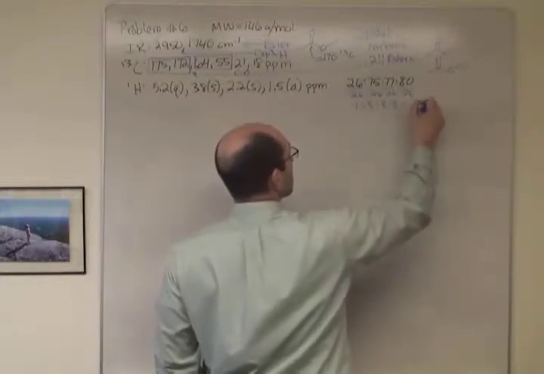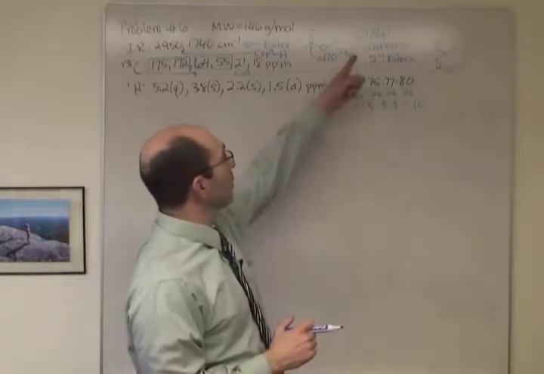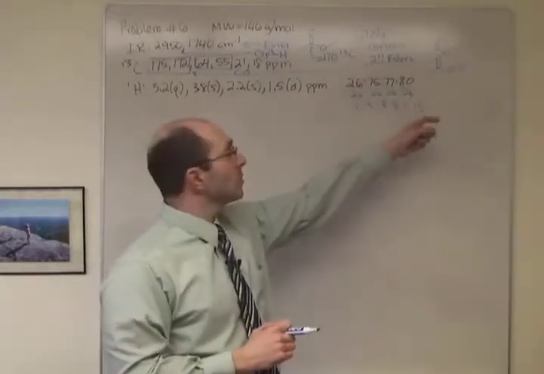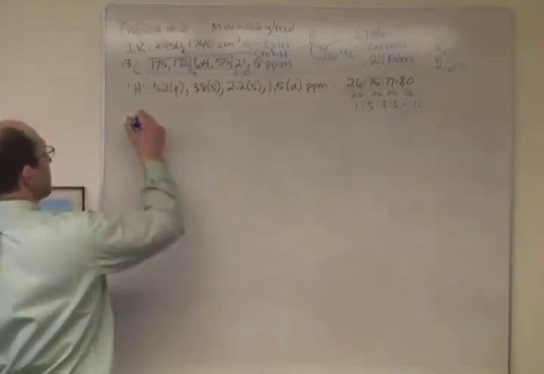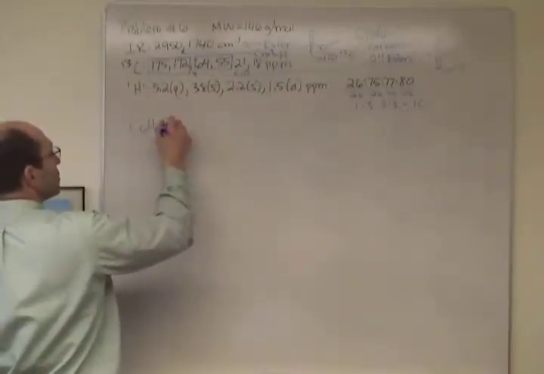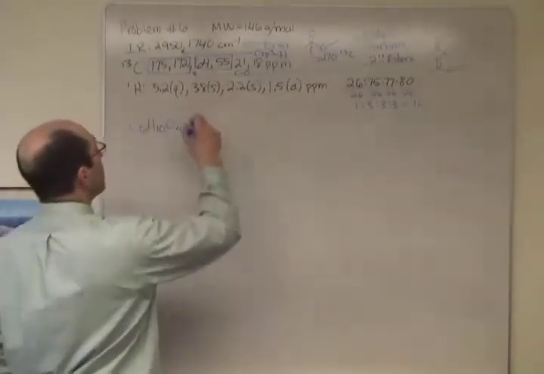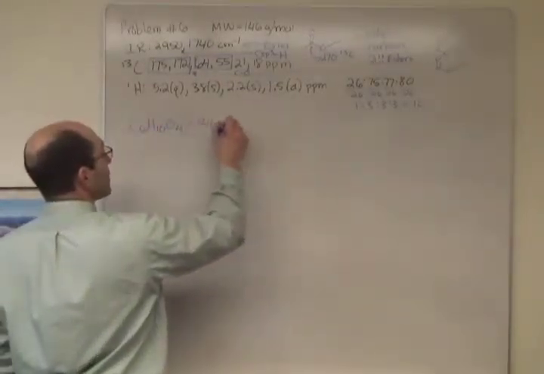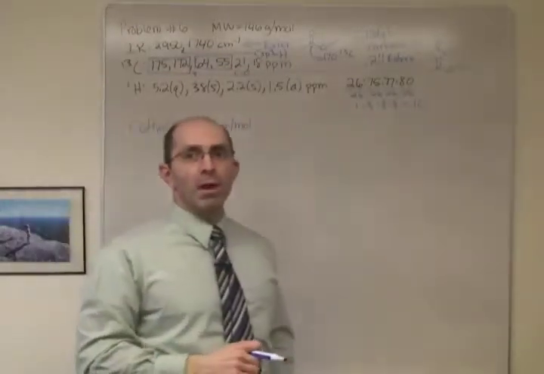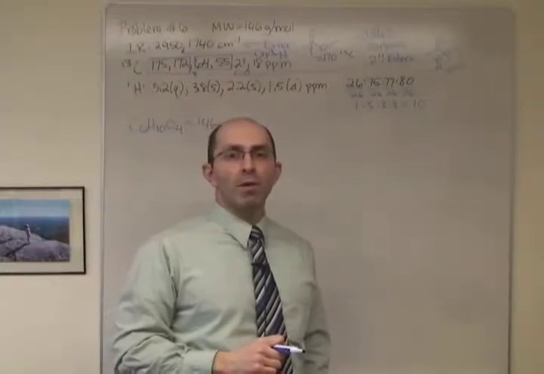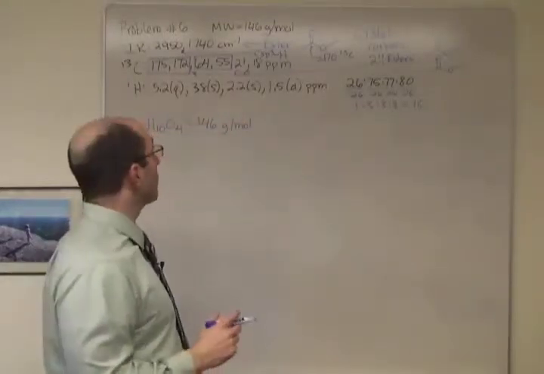So that's 10 hydrogens. So based on 6 total carbons, 2 esters, which is 4 oxygens, and then 10 hydrogens, we could guess that we have C6H10O4. If you do the math, that equals 146 grams per mole. All right, that was very helpful figuring out that the molecular formula is C6H10O4.